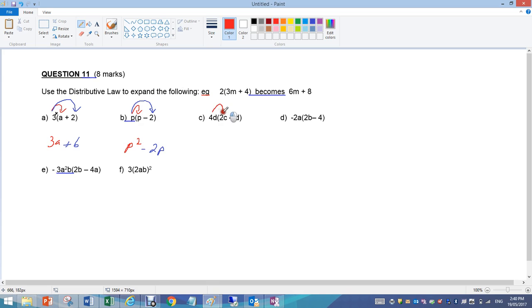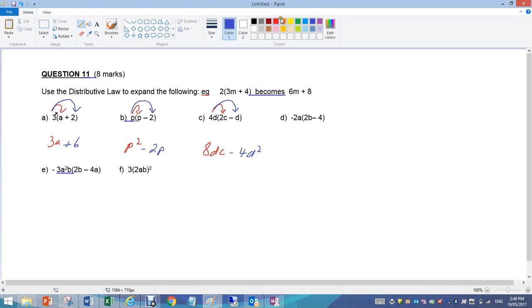Next, 4D times 2C, so 4 times 2 is 8, and then D times C is just DC. So 4D times D, that's 4, and then D times D is D squared, and there's a minus sign because it's 4D times minus D, it's going to be minus.